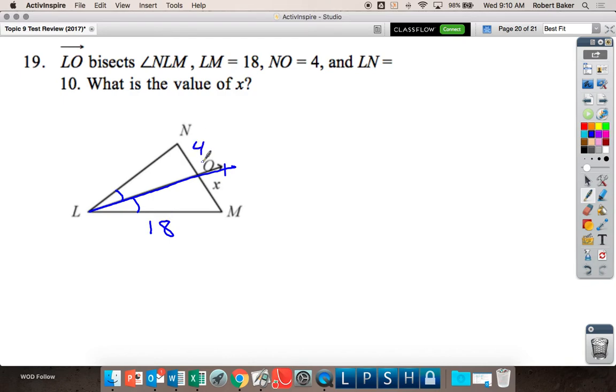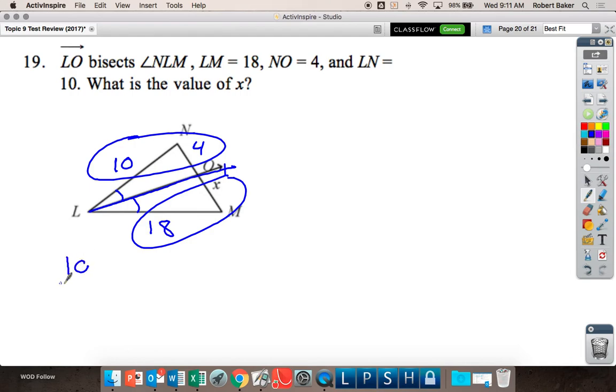And LN is 10. So once you add all information, you get the bisector theorem, and you can set up your proportion 10 over 4 or 4 over 10, doesn't matter. 10 over 4 equals, because I did 10 over 4, it has to be 18 over x. And you can cross multiply and solve there.